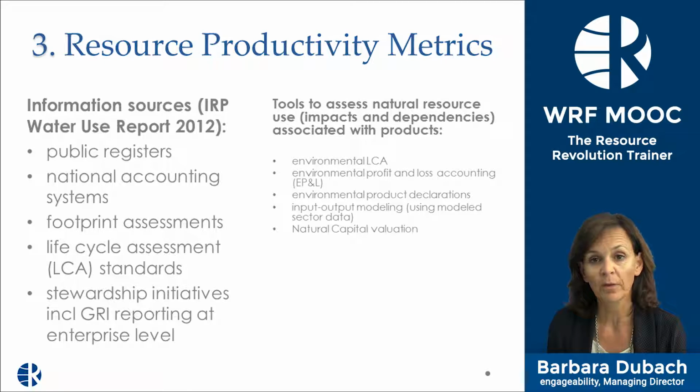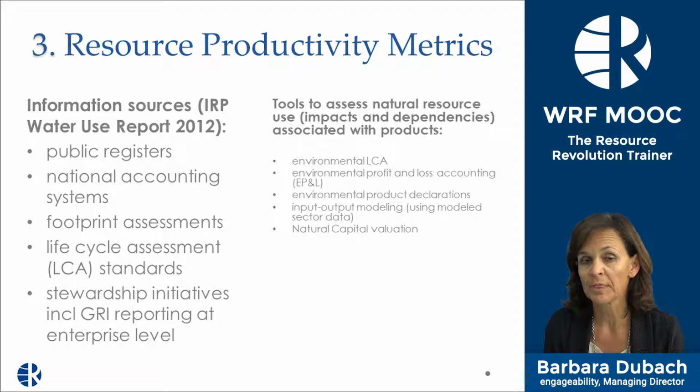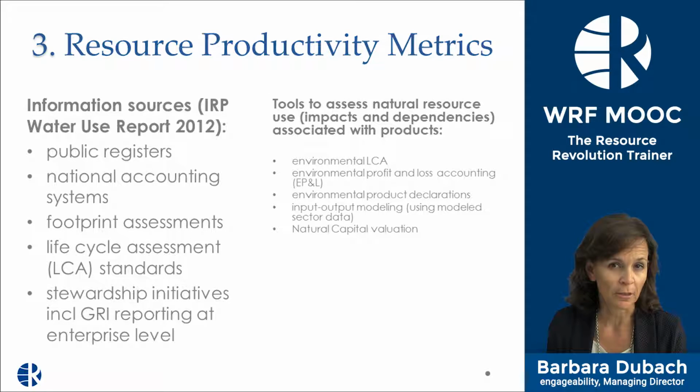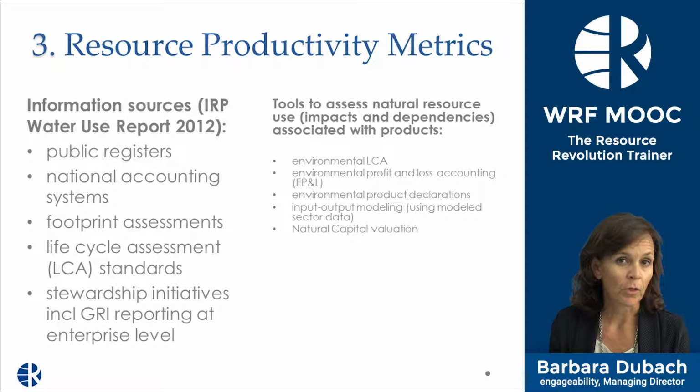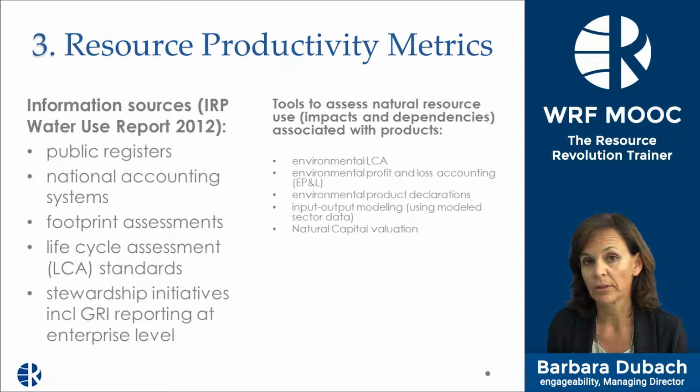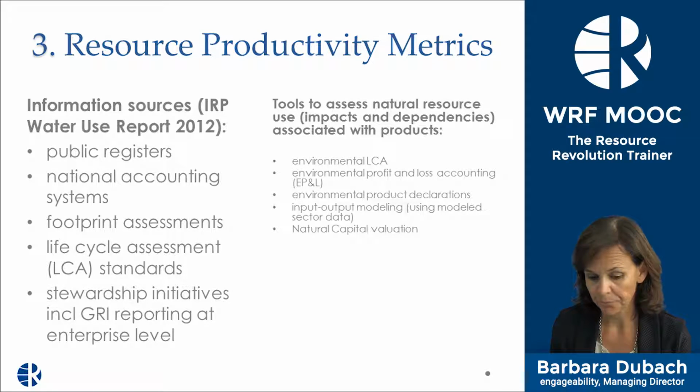They include environmental life cycle assessments, environmental profit and loss statements. For example, Puma was the first company to produce an environmental profit and loss statement. Then there are environmental product declarations, input-output modeling, and also natural capital valuation, which starts to measure and monetize natural capital.